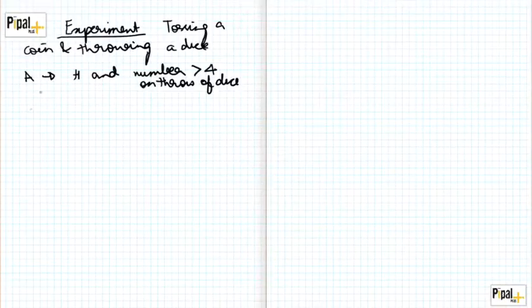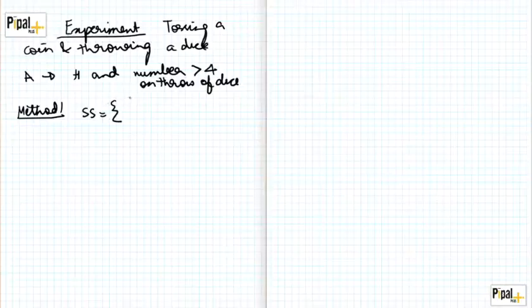Now, one of the ways is just listing out all the possible outcomes in this compound experiment, and then finding out the favorable outcomes in the probability you're looking for. The sample space: when you toss a coin, you get either a heads or a tails.